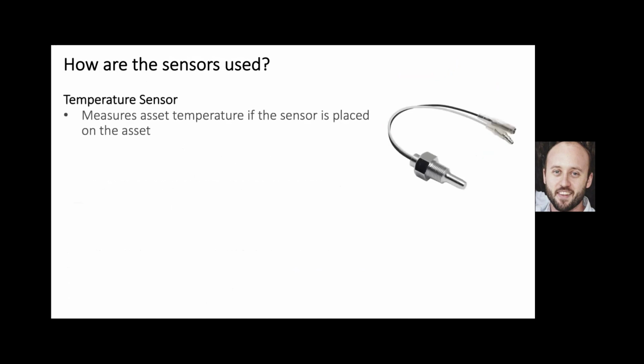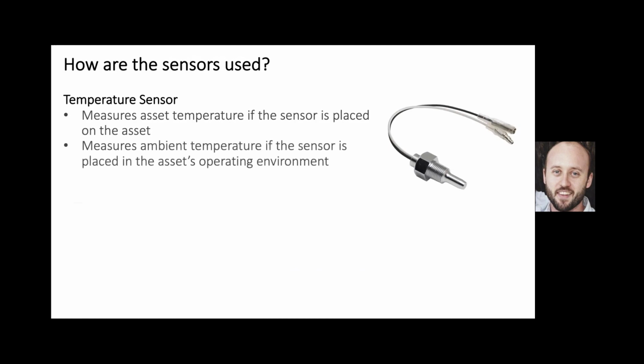For the temperature sensor, it's oftentimes a little bit simpler. So we can measure the temperature of the asset under consideration, and we can also measure the temperature of the environment that it is installed in. So we could place a simple temperature threshold level and say, when it rises above, for instance, 200 degrees Fahrenheit, we think that something is seriously wrong, so we set a threshold there.